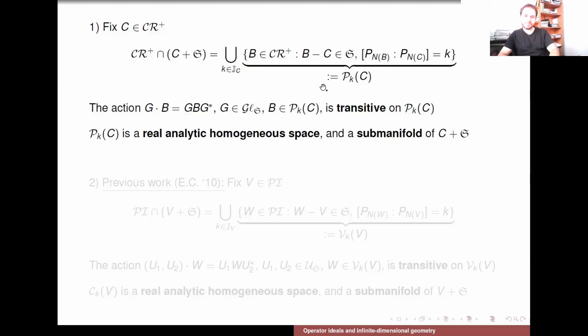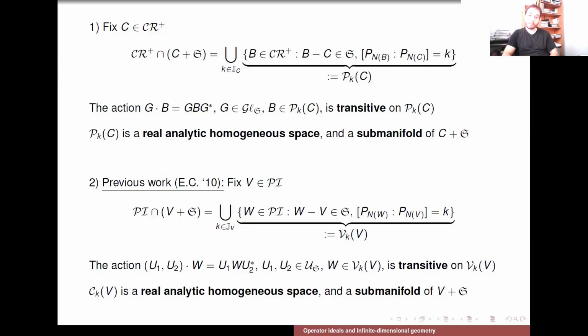And now these are again orbits by this congruence action, and we can show again that these are real analytic homogeneous spaces and submanifolds of the natural ambient space. I will not go into the details of this because this is more or less similar to our previous lecture with a different orbit.